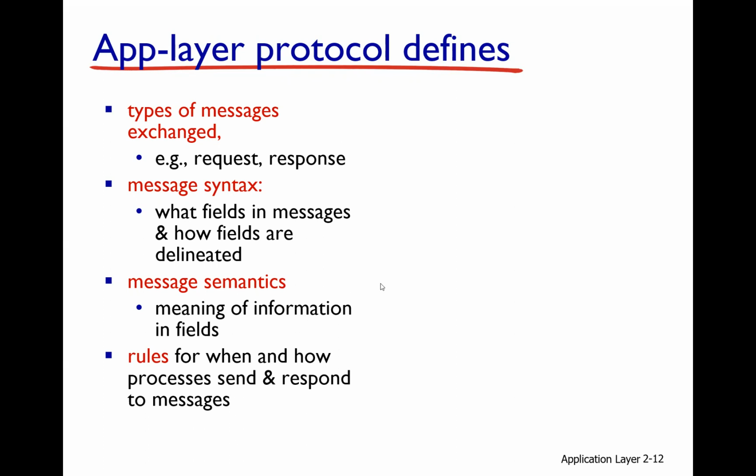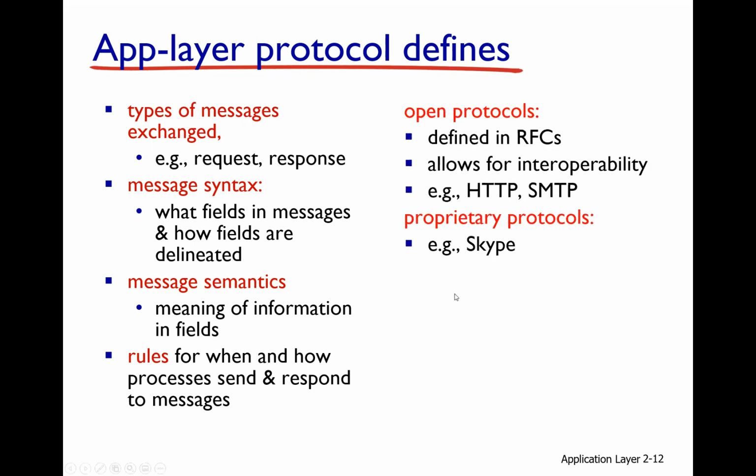The meaning of each field also needs to be explained. And finally, there might be some rules for determining when and how a process will send messages, and also the sending and receiving mechanism, some rules in between them. So again, overall, the application layer protocol really defines how application processes will pass messages between each other. And there will be syntax, there will be rules, those types of information.